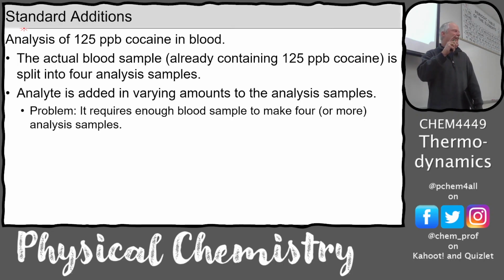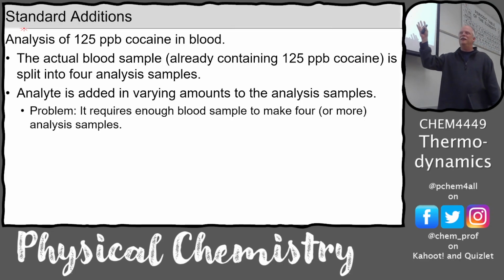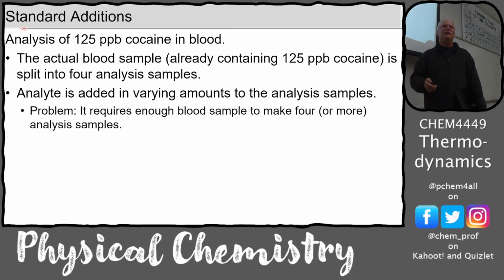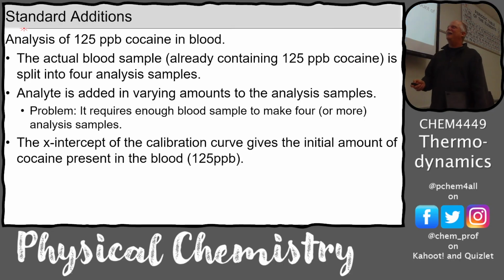Right? Well, you didn't add it to one of them. There's a control there, and then you add it to the second, third, and fourth, and then you do this analysis. So this is a defensible analysis technique, but it sounds bad, doesn't it? You took my client's blood and added cocaine to it.